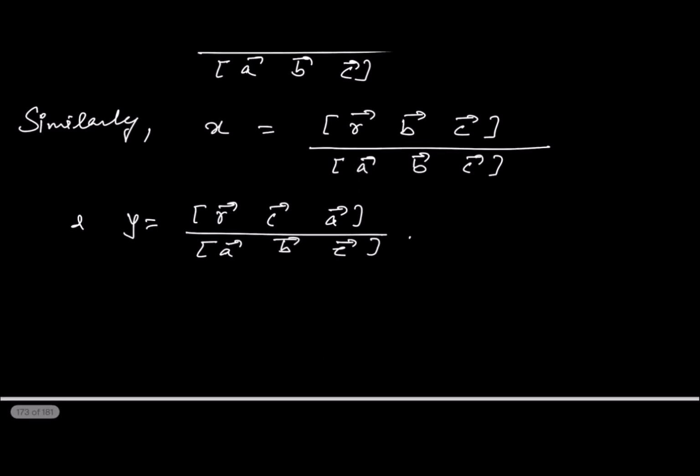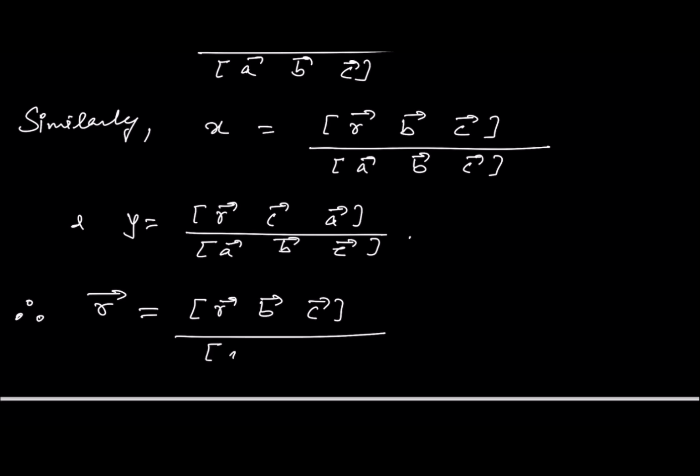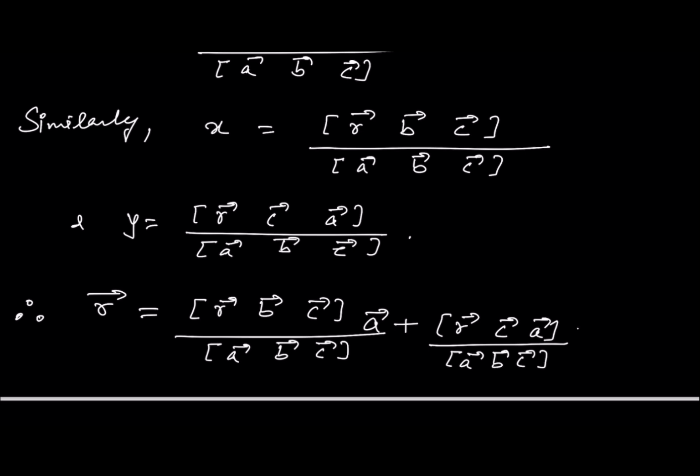So therefore now R vector becomes box RBC upon box ABC times A vector plus box RCA on box ABC times B vector plus box RAB on box ABC times C vector.